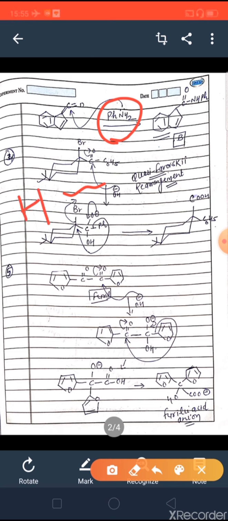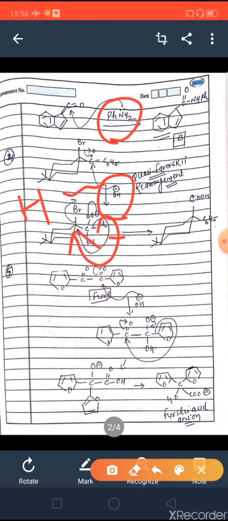When hydrogen is not present at these positions, the rearrangement is called the quasi-Favorskii rearrangement, in which the hydroxyl group directly attacks the carbonyl carbon, there is migration, and O negative forms, and from here this O negative comes back to form the carbon-oxygen double bond, and this phenyl group will migrate.